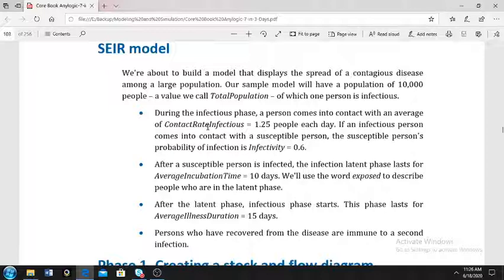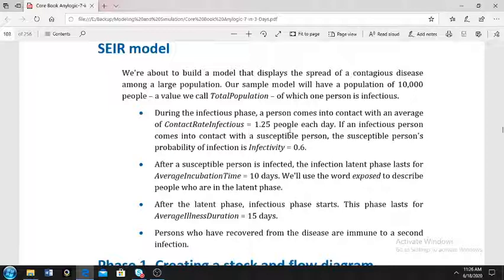It means that during the infection phase, a person who is not sick has a probability of being in contact with 1.25 people a day.